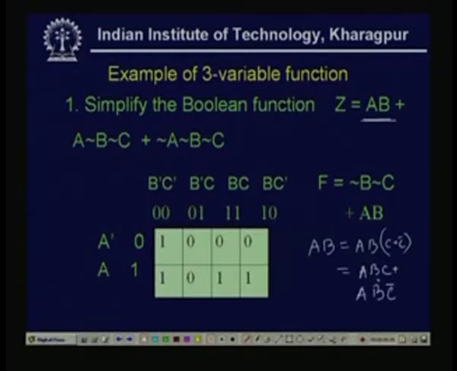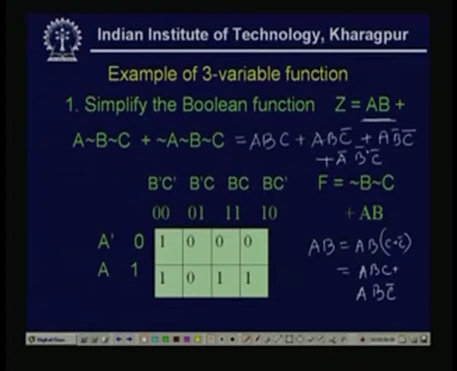So, that is why this 3 variable function where 3 terms were there has now been extended to 4 min terms, that means A B C plus A B C bar plus A B bar C bar plus A bar B bar C bar.